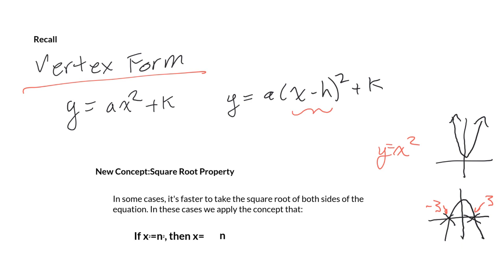So that's basically what we're looking at when we're talking about the square root property as it pertains to the parabola. And for that reason, x is no longer really equal to n. So if I have x squared, I should be able to find not n, but plus or minus n. You have a plus version of it and a negative version of it when we take the square root of both sides.